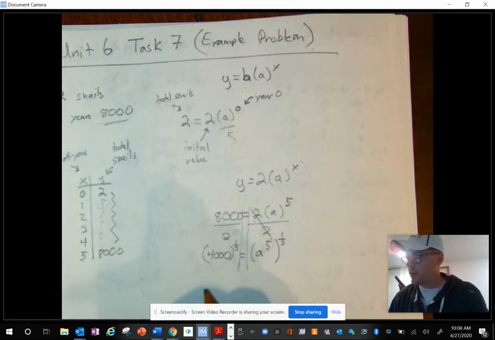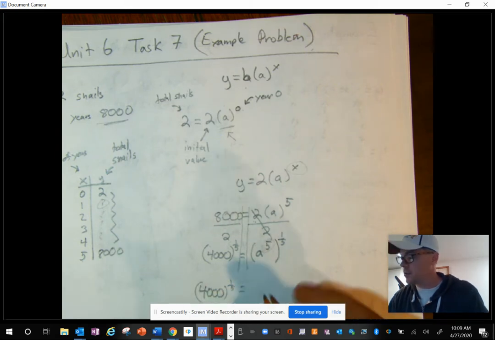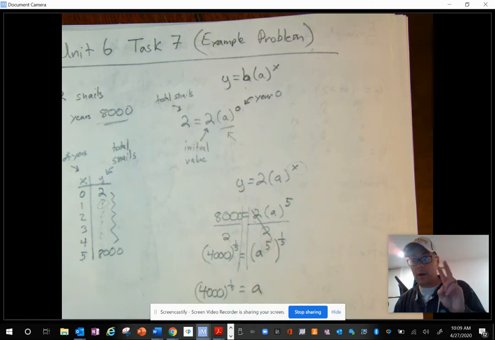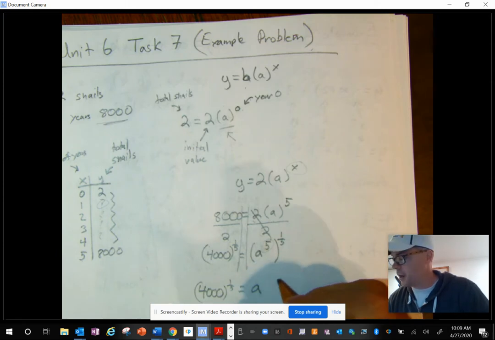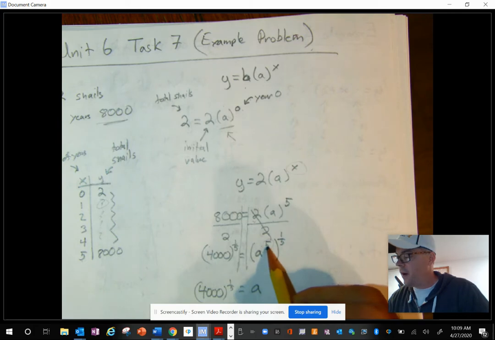And now I can rewrite this: 4,000 to the 1/5 power equals, by our rules of exponents, our power property tells us that a to the 5th raised to the 1/5 power is the same as a to the 5 times 1/5.